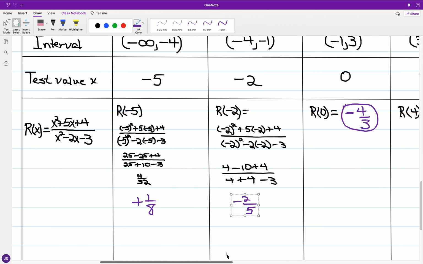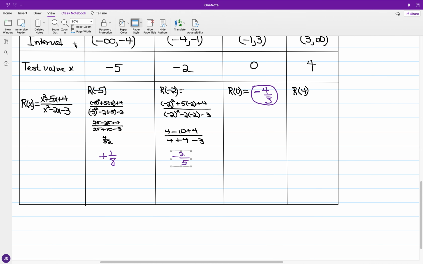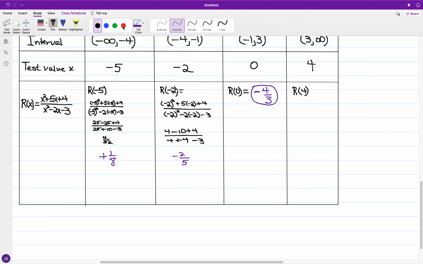Now for what we have in the case of r of 4, for x squared, we have 4 squared plus 5 times 4 plus 4. And here we have 4 squared minus 2 times 4 minus 3.